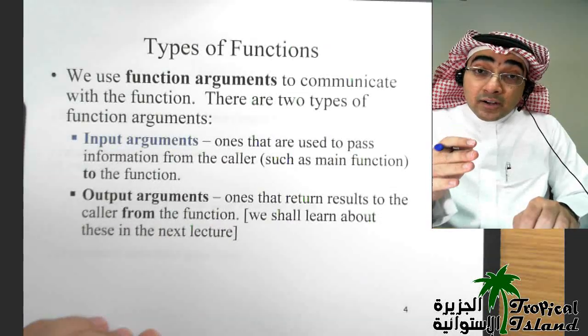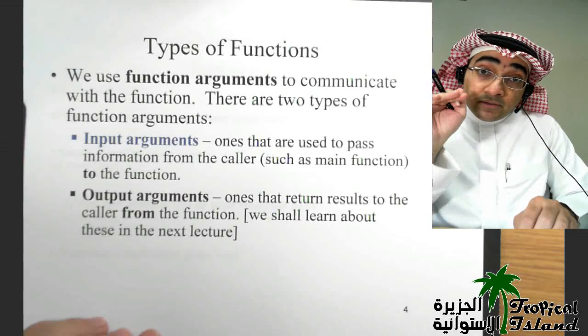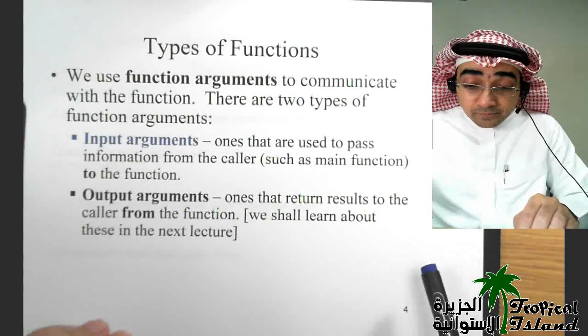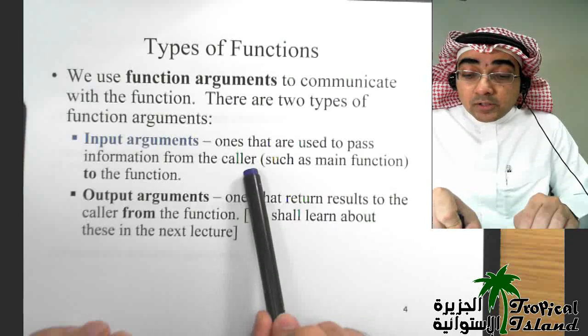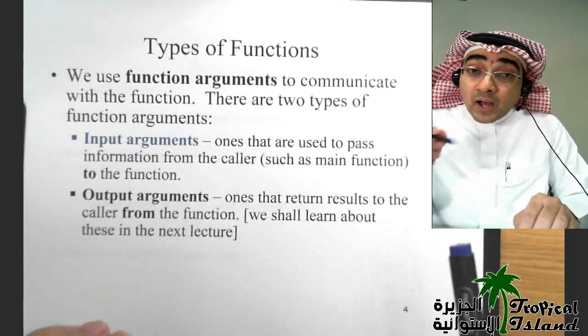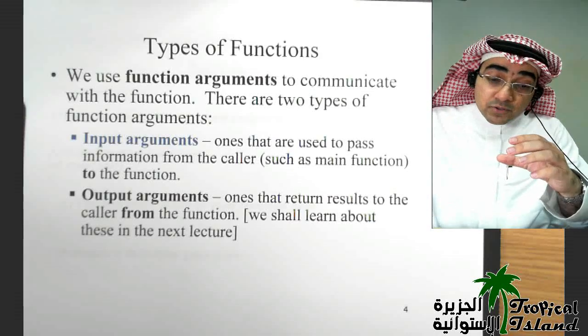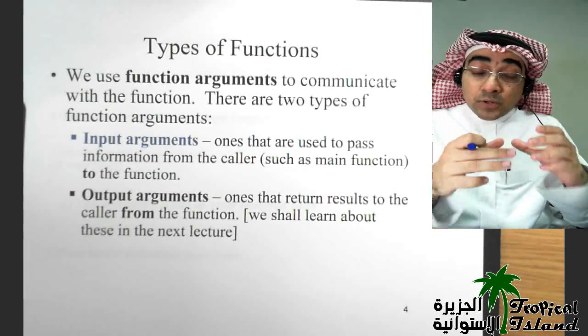You tell it, okay, these are arguments and these are for you an input, and I, as a user, am going to give you the input through these arguments, so I call them input arguments. Okay, ones that are used to pass information from the caller to the function. So from the outside world to the function, I use the input arguments to put the inputs inside the function so that it can actually go and start working on that.